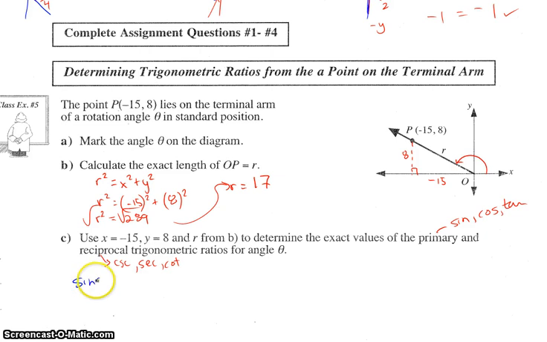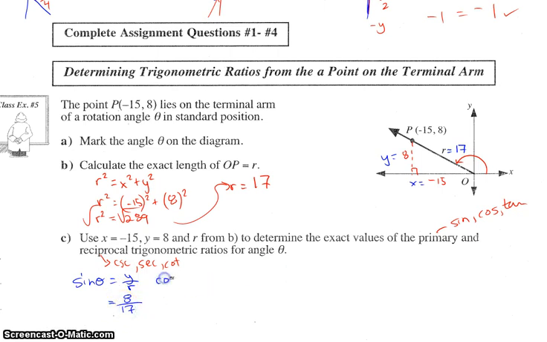Sine theta is equal to y over r. Remember how I said we need to memorize these? You're kind of seeing that now, right? So y we know is 8, we can get that from here as well, x is negative 15, and r we discovered was 17. So y over r is 8 over 17.